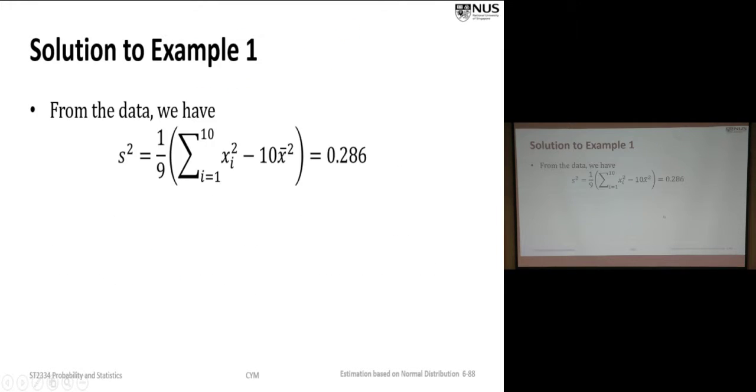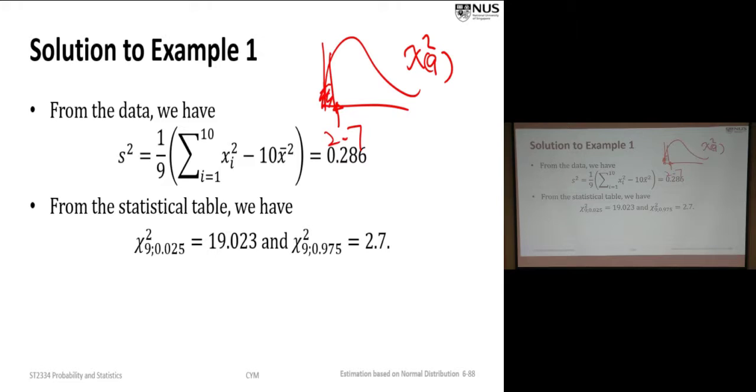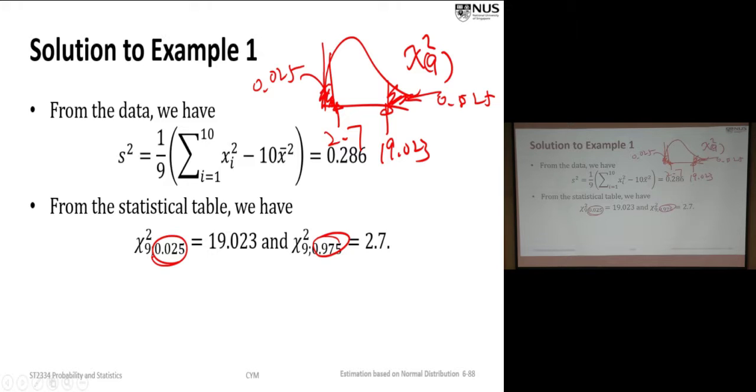Here we calculate the sample variance, and we also take the two values for a chi-square with 9 degrees of freedom. This point, 2.7, is a point where the probability of being less than it is 0.025, and greater than it is 0.975. The other number, 19.023, is a point where the probability of being greater than it is 0.025.